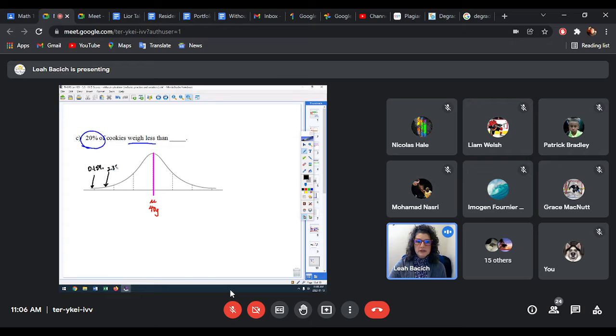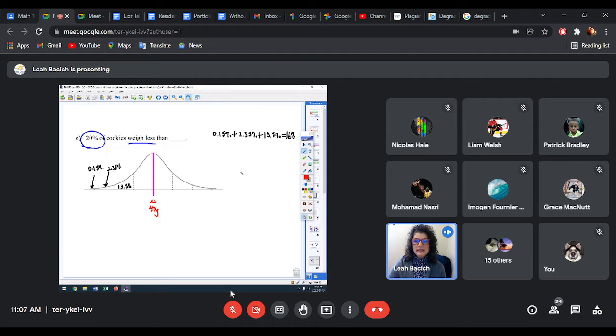This is 2.35%, and this is 13.5%. So if I add those guys up, I'm already up to, I think, 16%. So if I did a line right here, this would be 16% of the cookies weigh less than a certain amount.